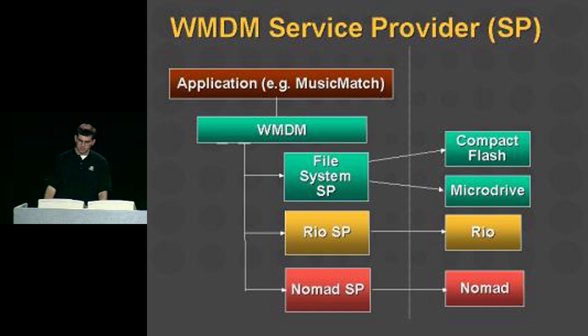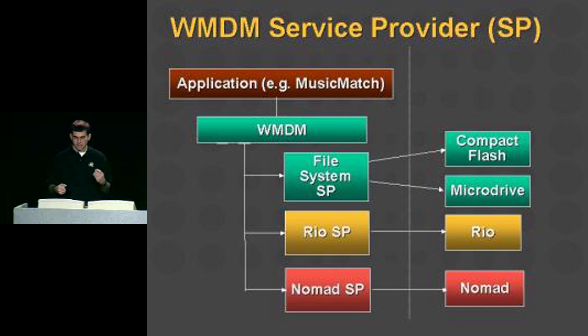When we ship WMDM, we're also shipping a default service provider that works with the file system. And you might say, well, why do you need a service provider for the file system? I'm not going to be transferring content to my C drive. That's not a portable device. But a lot of the devices have removable media that you can plug in, and when you attach it to the PC, those just show up as drive letters.